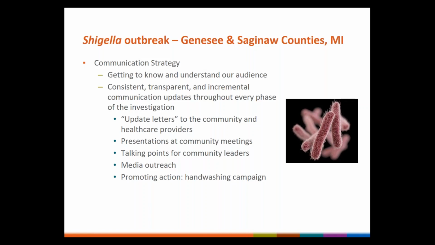So it was important to have a trusted source that was independent of the state structure, and that we could listen and listen credibly, come with our independent assessment of the situation. And so we used these principles to develop the letters, the presentations, the talking points, the media outreach, and promoting action throughout the community to get this outbreak under control.